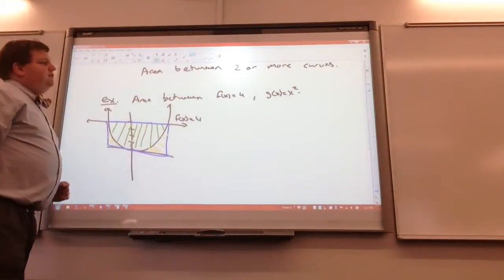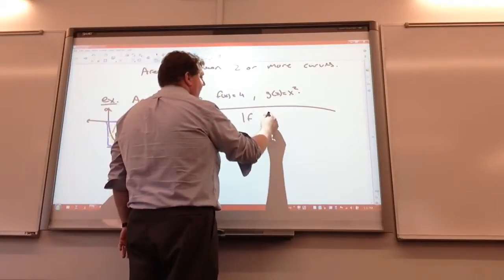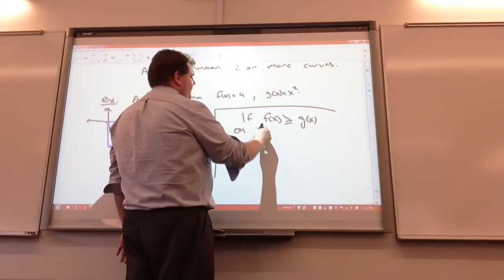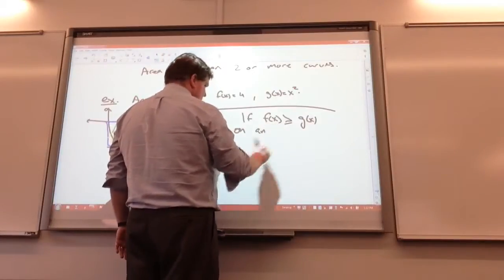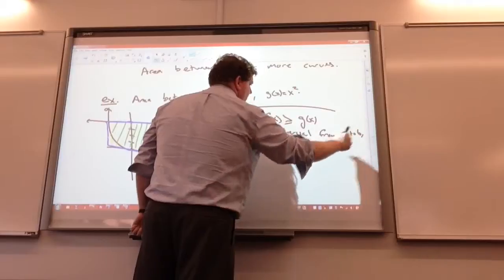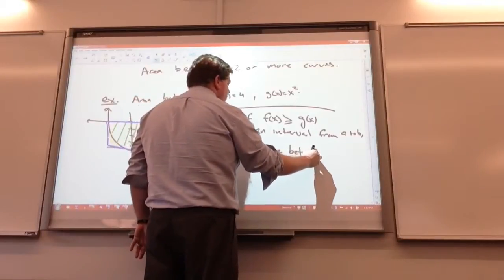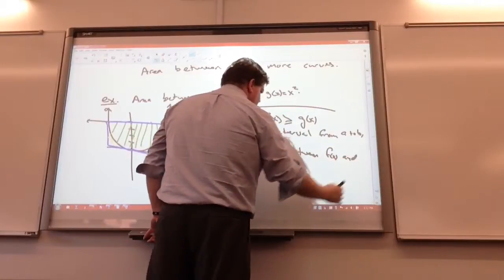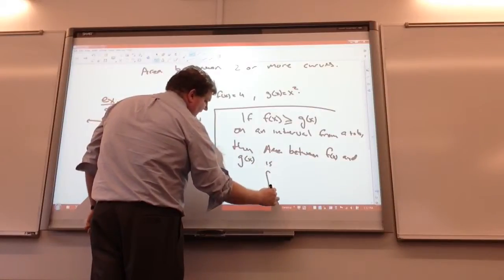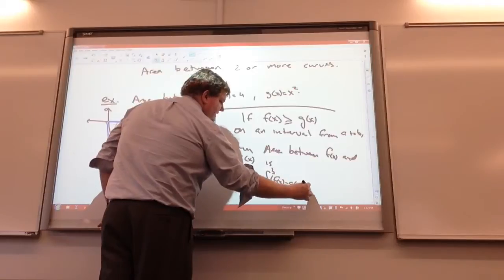So, how you find the area between two or more curves is basically that if f of x is greater than or equal to g of x on an interval from a to b, then the area between f of x and g of x is equal to the integral from a to b of f of x minus g of x dx.